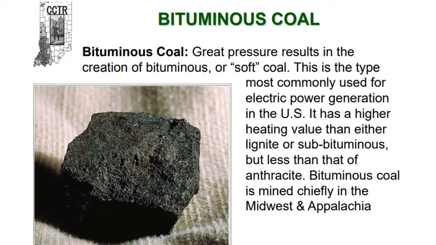This is the type most commonly used for electric power generation in the United States. It has a higher heating value than lignite, slightly less than anthracite, but it's much cheaper. Bituminous coal is mined chiefly in the Midwest and Appalachia.